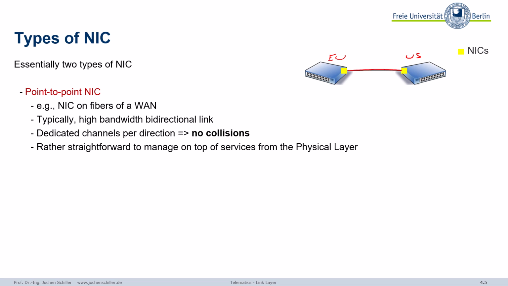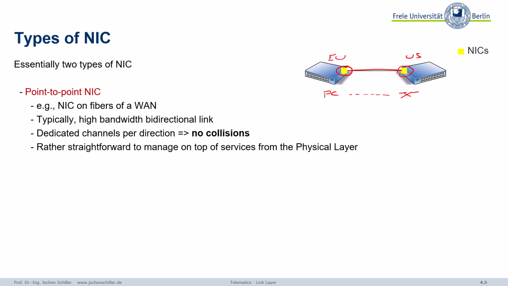Okay, connecting this, then typically you have one NIC on the European side and one then on the US side. Or you have your PC on the desktop, and it's connected then to your switch somewhere on your floor.